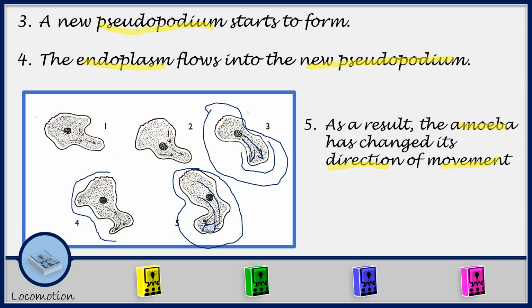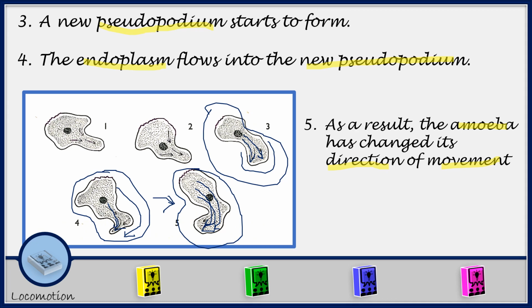Now it is flowing in a different direction. Same applies here. When you look at it, it is flowing in this direction, and the endoplasm flows in that direction, and then more of the endoplasm will continue flowing in that direction, which is going to cause the amoeba to change direction. That is how the amoeba moves.